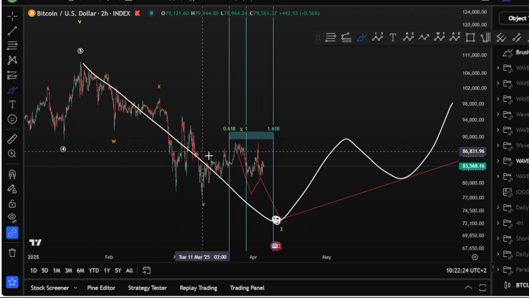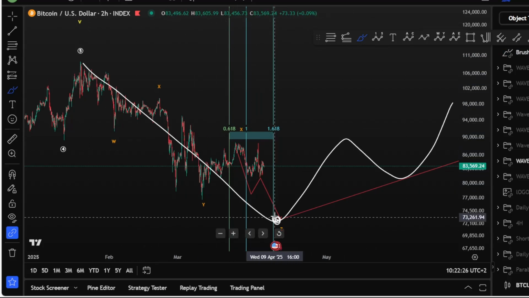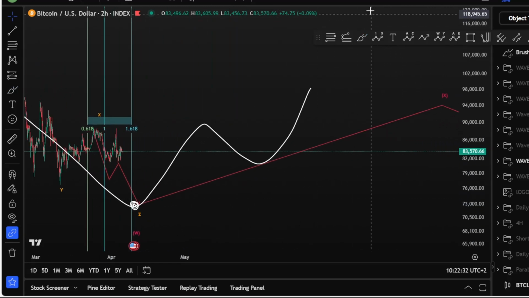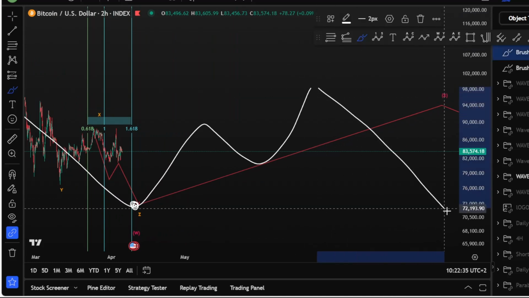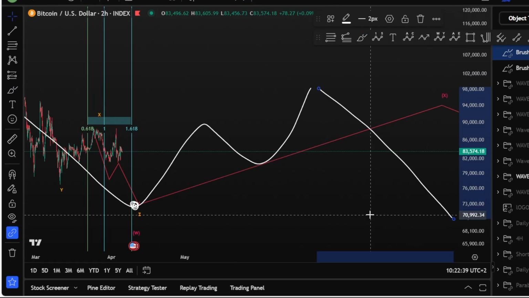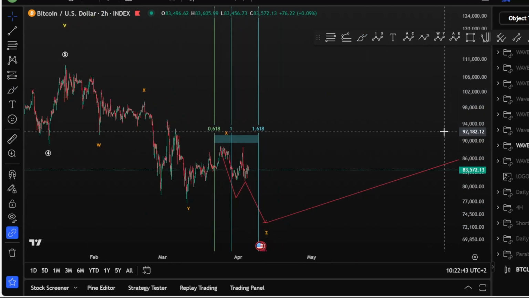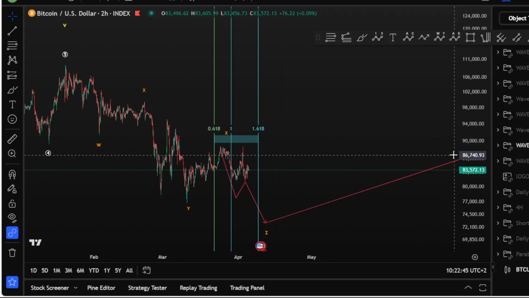Simply, you have finished one leg of this big bear market, and you're moving forward for a wave B, and after this you would like to see a wave C toward the downside. Don't forget that it can be a W, X, and a Y as well, rather than just an A, B, and a C. This is the third possible scenario currently on the chart.